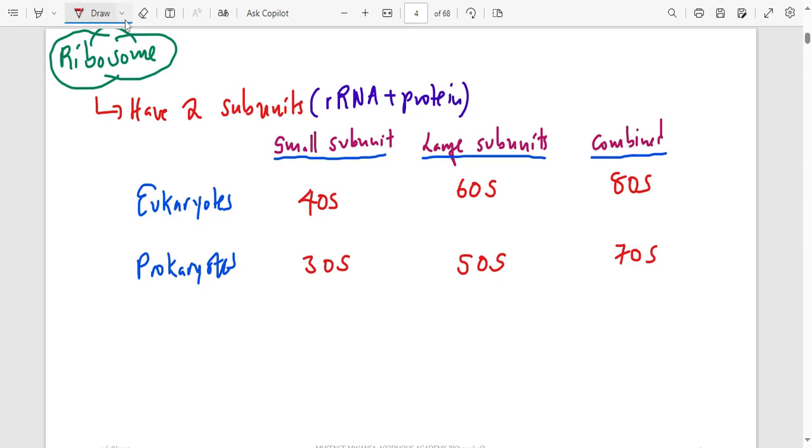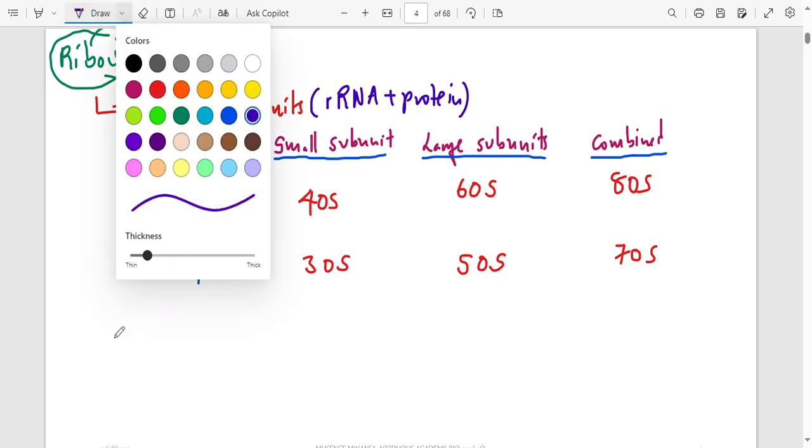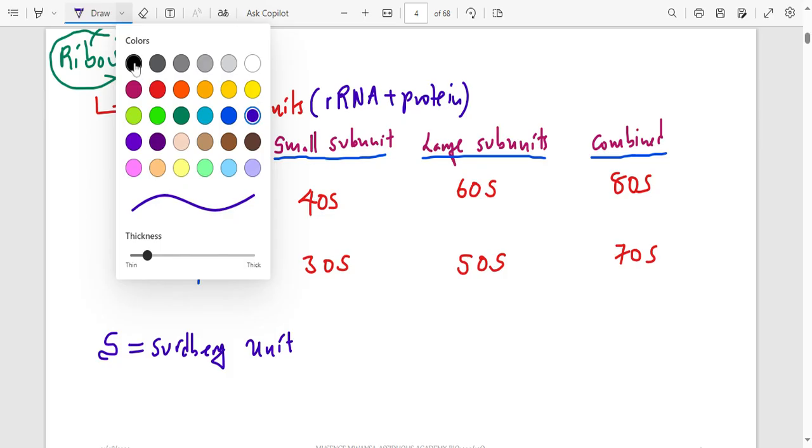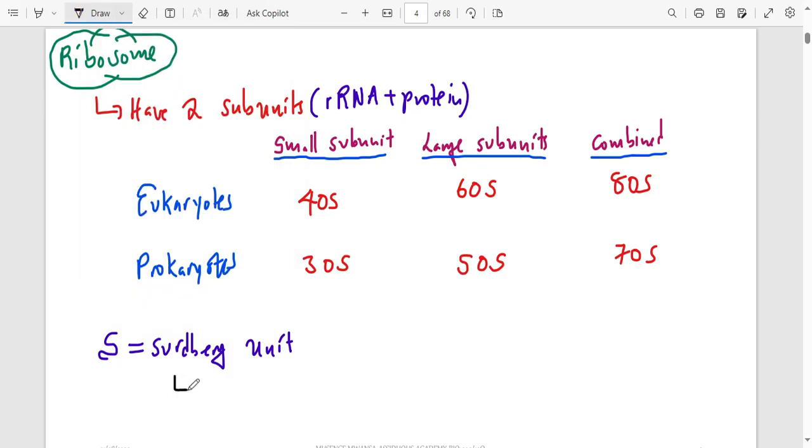What does S represent? S is what we call a Svedberg unit, or the Svedberg constant. And what does the Svedberg unit mean? It is the measure of the rate at which a given particle sediments. To sediment is when you put something in a test tube and start spinning the test tube.